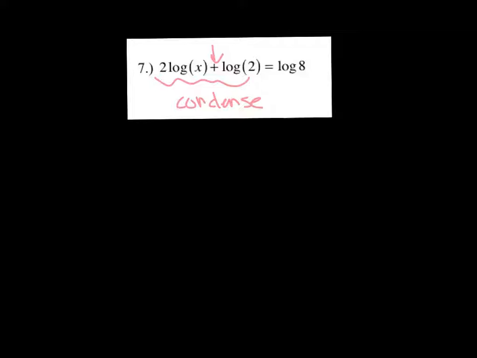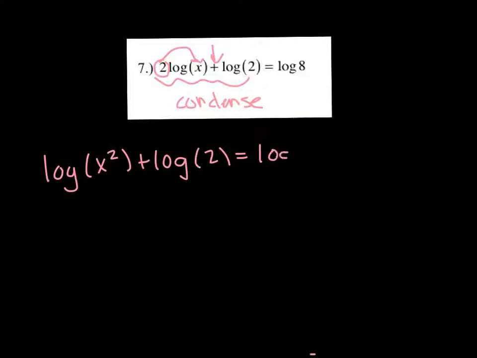I'm also going to use my property for exponents and understand that this 2 on the outside is really an exponent for that argument, for the x. So let's rewrite this. I'm going to write this as log of x squared plus log of 2 equals log 8.